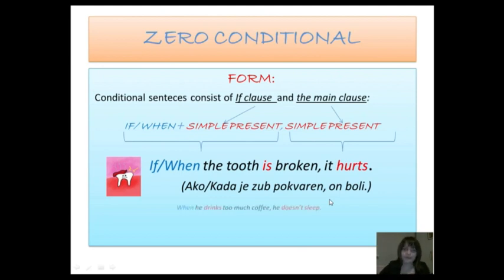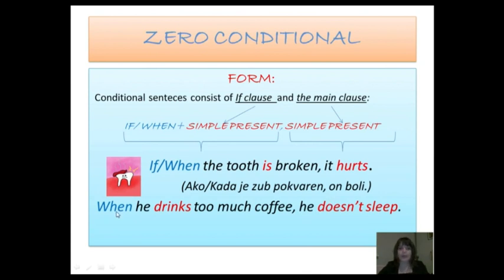I have another example for you. When he drinks too much coffee, he doesn't sleep. What is the if sentence here? Well, of course, this is the if sentence, but now I started the sentence with when, and the verb is in simple present tense, of course.